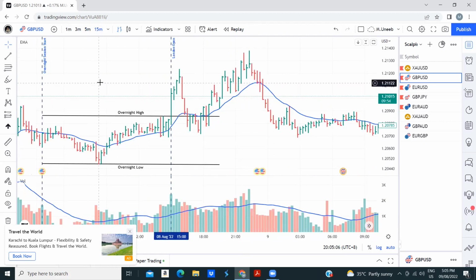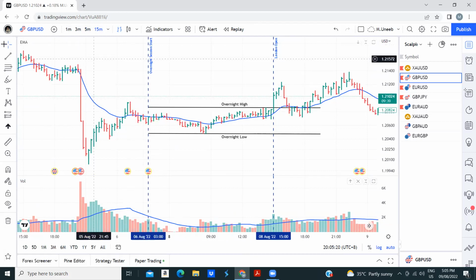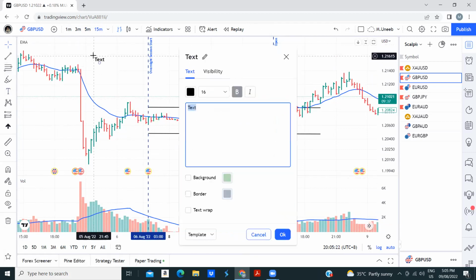So you have to see how the price is entering into this session. What is happening before the overnight session start? What is happening here? Look to the left. The key is, first question: how far should we look back?